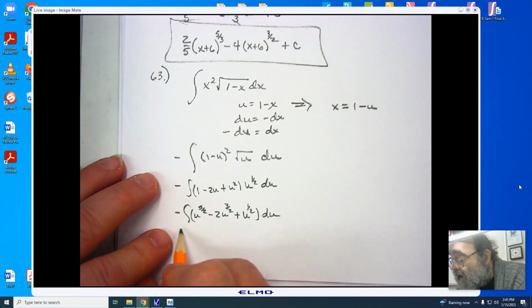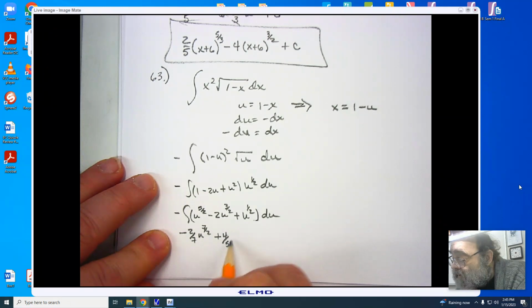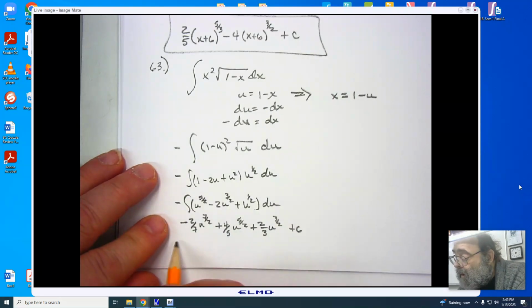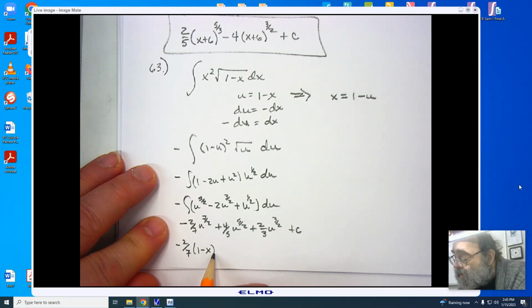Now I can simplify it. It's negative 2/7 u to the 7/2 plus 4/5 u to the 5/2 plus 2/3 u to the 3/2 plus c, and we simplify by back substituting our 1 minus x.